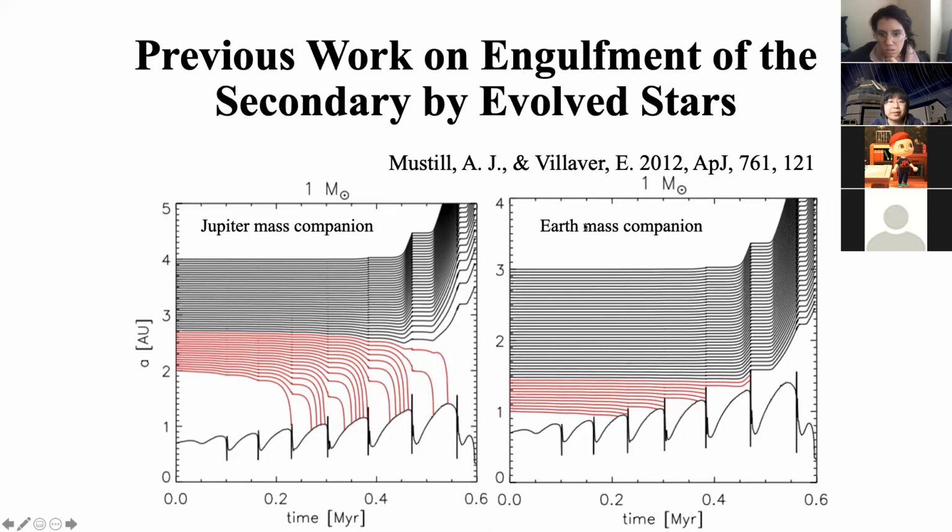But for a 1 Earth mass companion, the tidal force is really weak, and the companion is just swallowed by the primary star due to the expansion of the star itself. And the tidal dissipation rate is negligible. We can also see that before the merger for the 1 Earth mass case, the system separation is nearly constant.